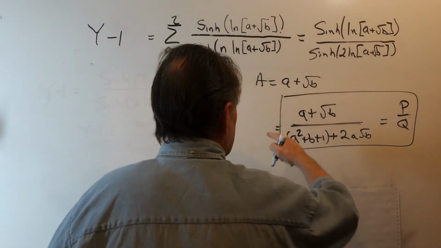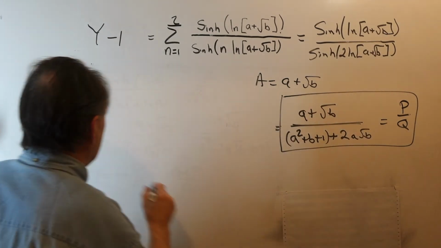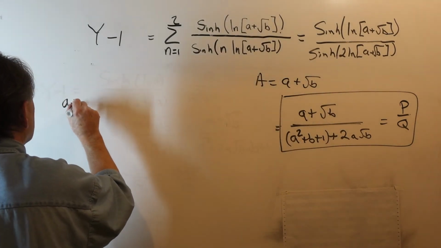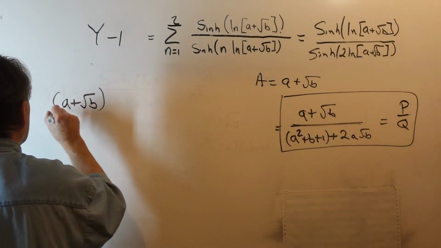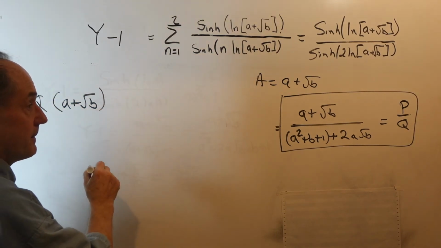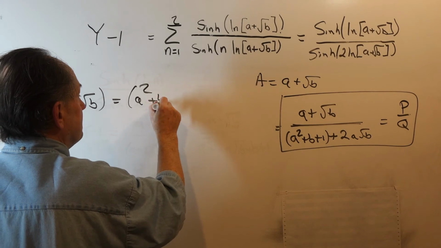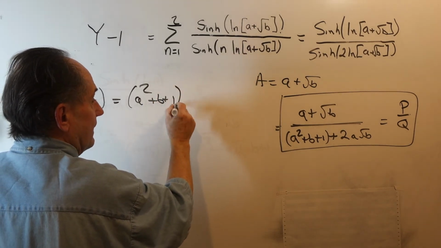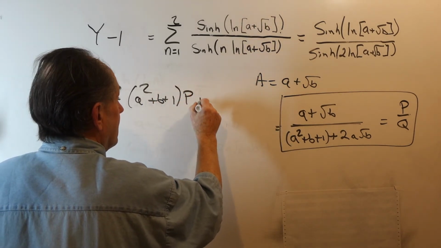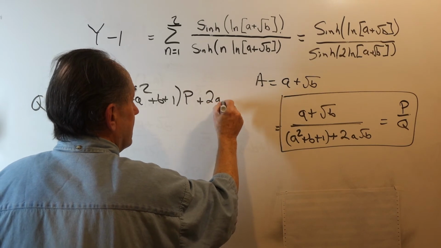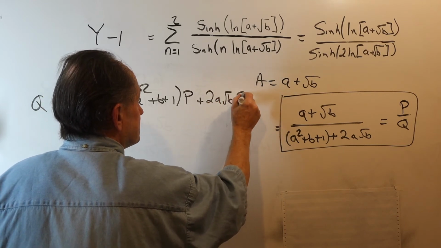So let's expand this out, cross multiply. So we have a plus the square root of b times q is equal to a squared plus b plus 1 times p plus 2a square root of b times p.